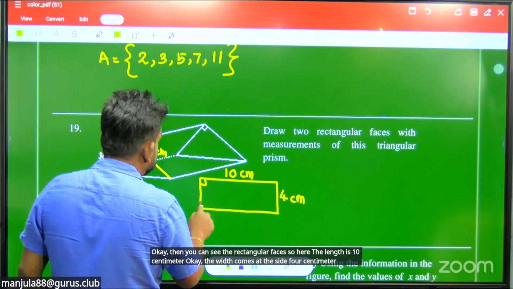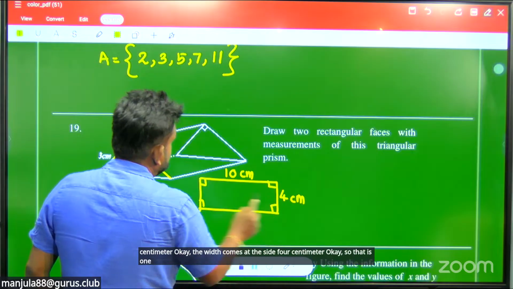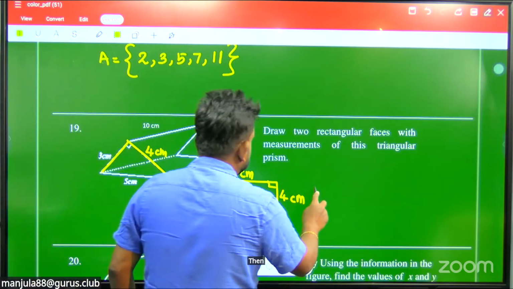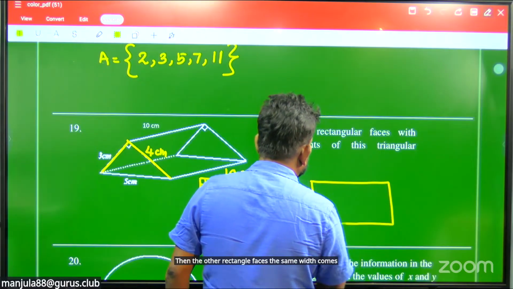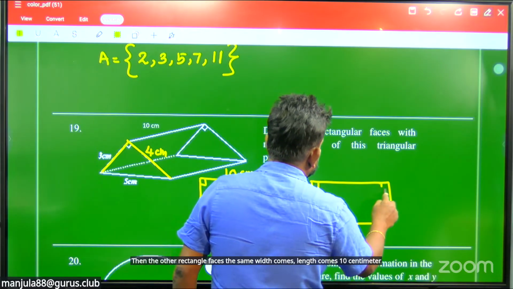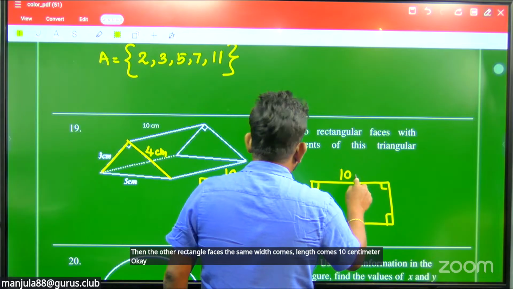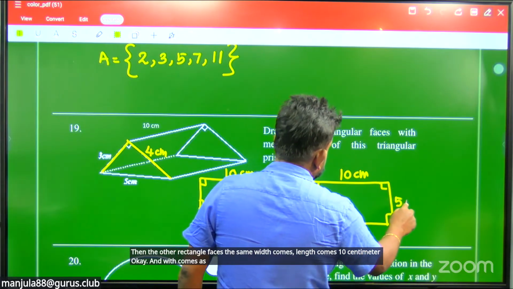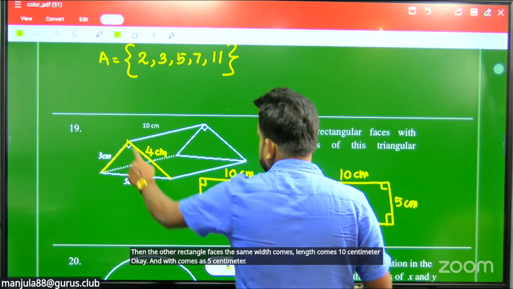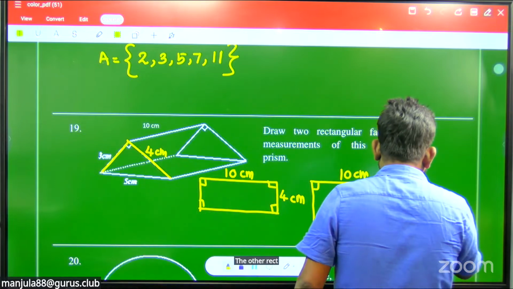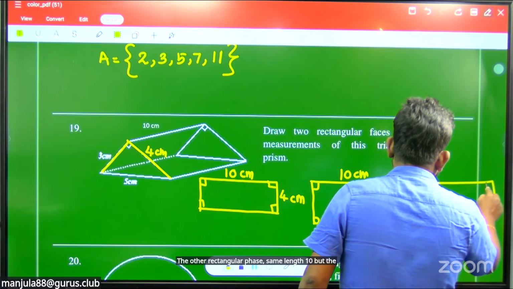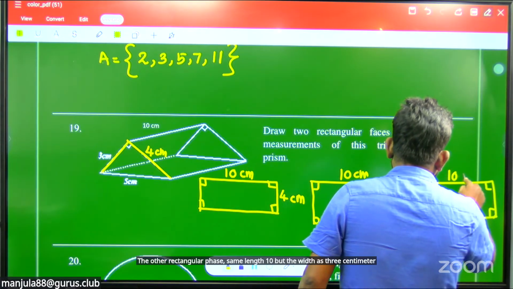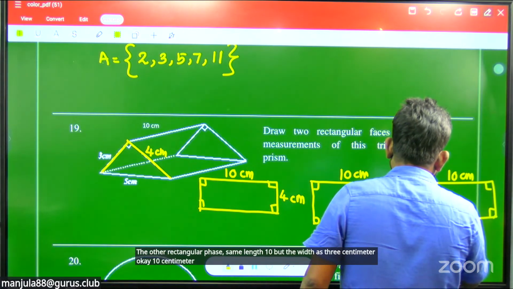So that is one rectangular face. Then the other rectangular face, the same length 10 centimeter, and width 5 centimeter. Then the other rectangular face, same length 10, but the width 3 centimeter.